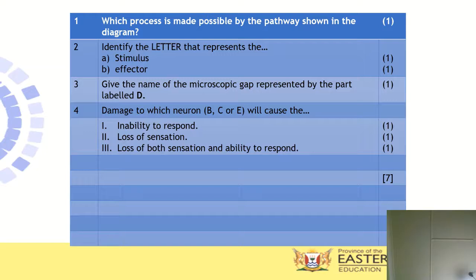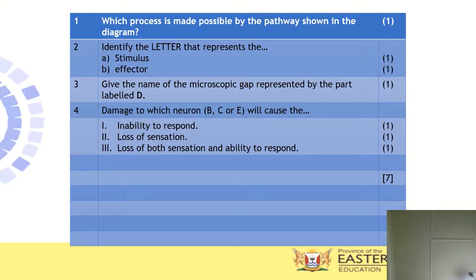Question number 3 says, give the name of the microscopic gap represented by the part labeled D. It's indicated in the diagram in the spinal cord. Even by definition, and also part of the terminology, a microscopic gap between neurons is a synapse. So your answer there is synapse.